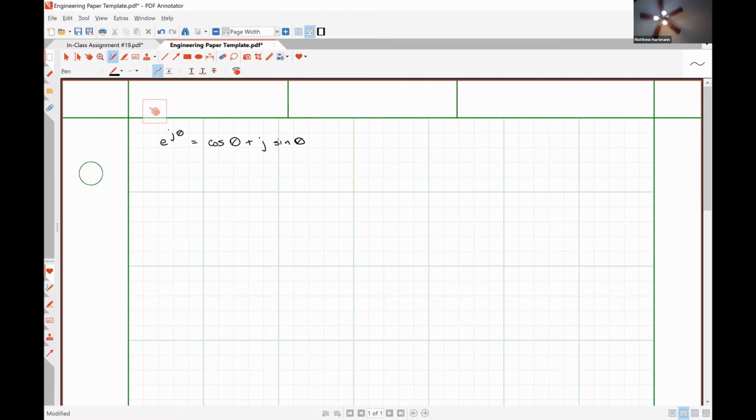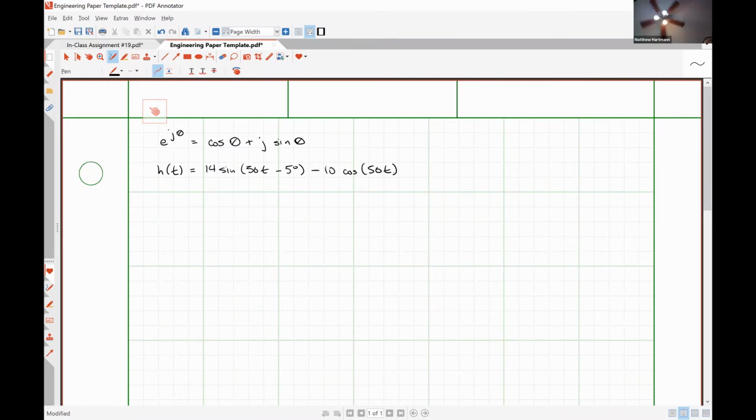So my original function, h of t, was 14 sine 50t minus 5 degrees minus 10 cosine 50t.